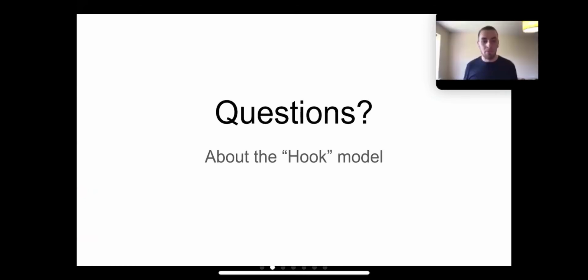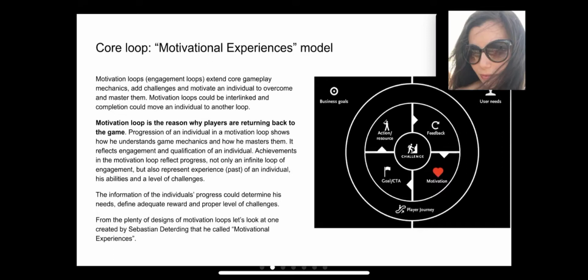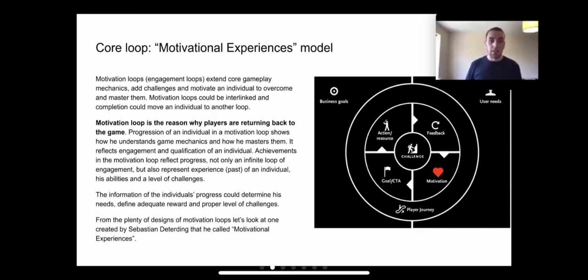All right. And the final one is a more game-oriented loop, the motivational experience model. So if we know about the core loop, the basic mechanics that drives the game, this model is oriented more to meta games or to gamification.